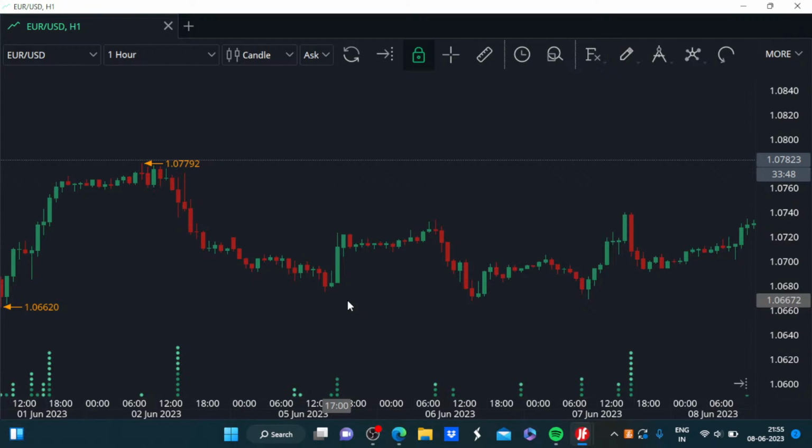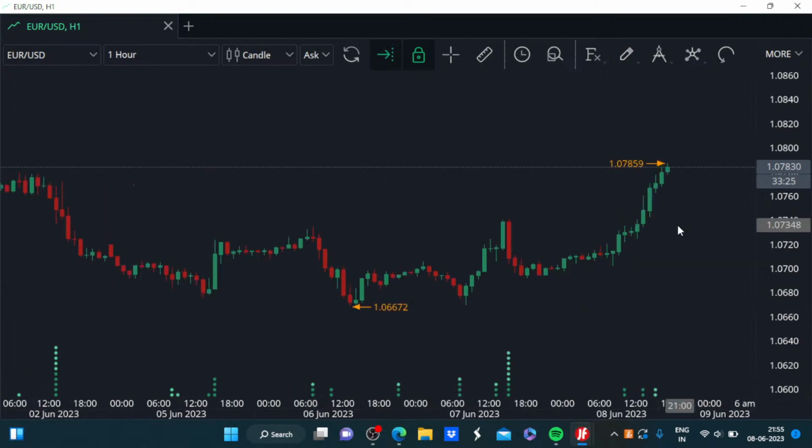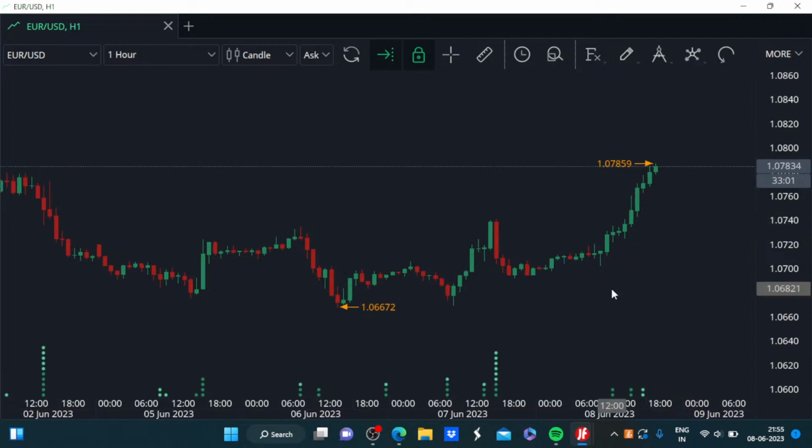We might even see that 1.08 is reached in today's session itself. You never know. The timing can never be specified, but the expectation is that we are likely to see the euro continuing to climb up, and the basis behind that is what we are looking at.